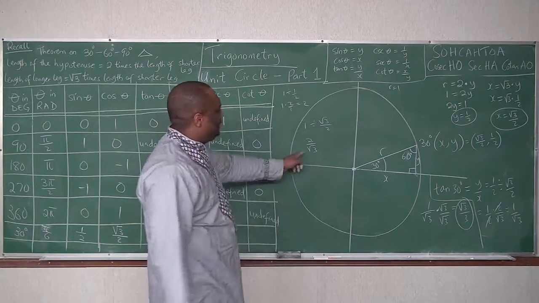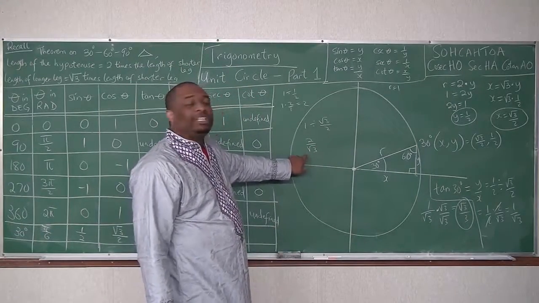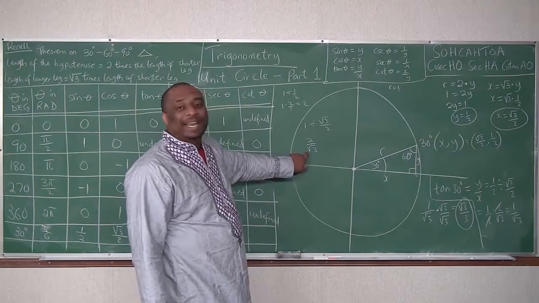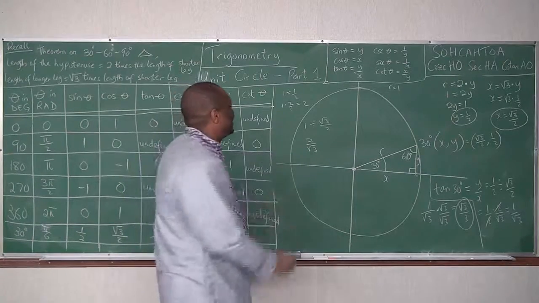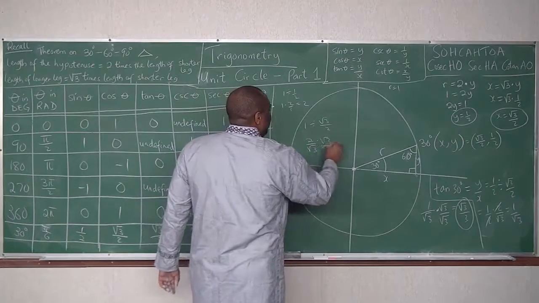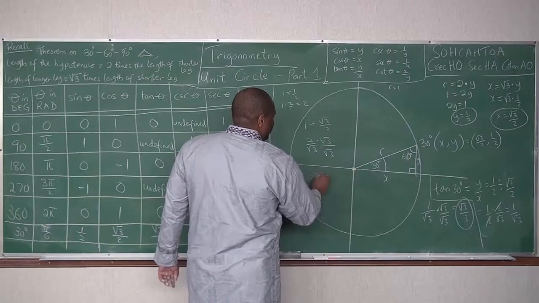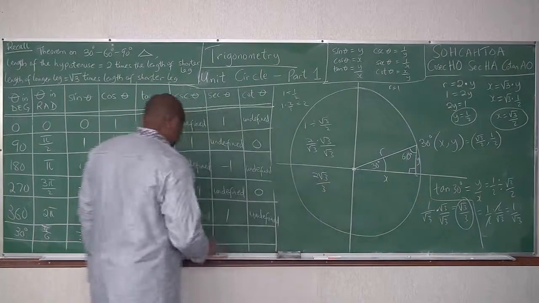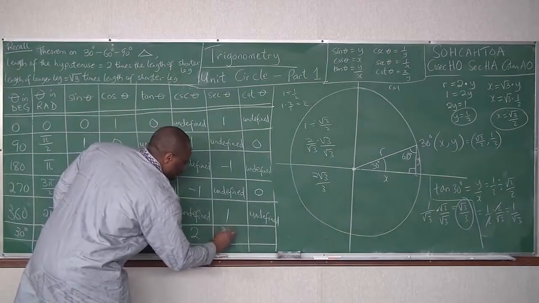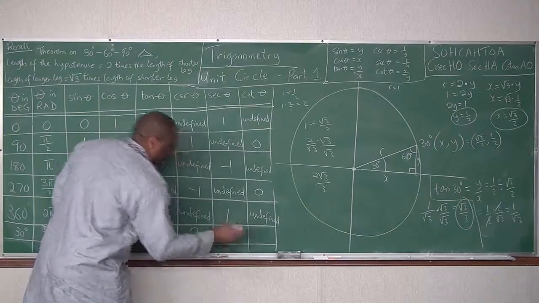Now you have to rationalize it. So times root 3 over root 3, and that is 2 root 3 over 3.